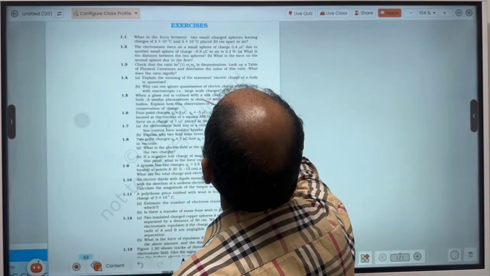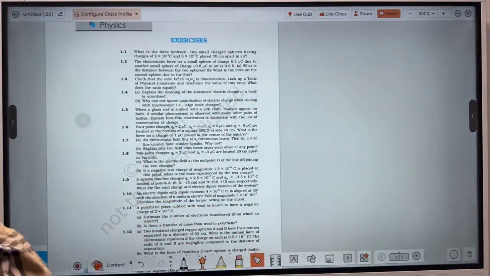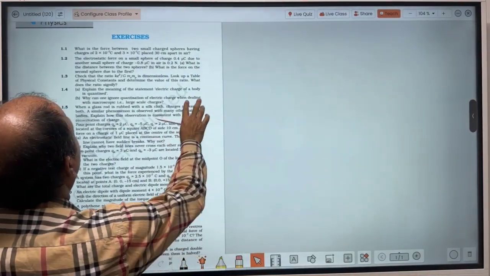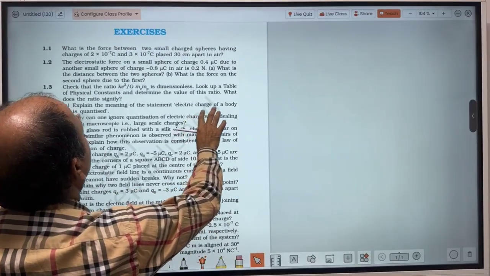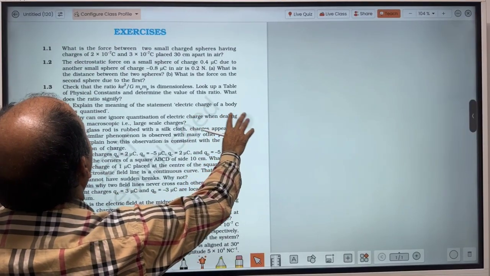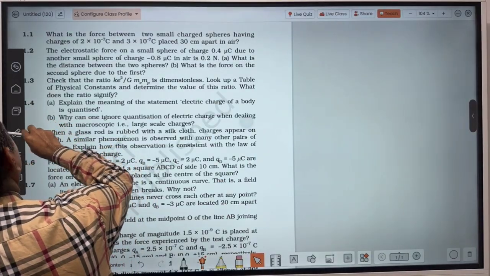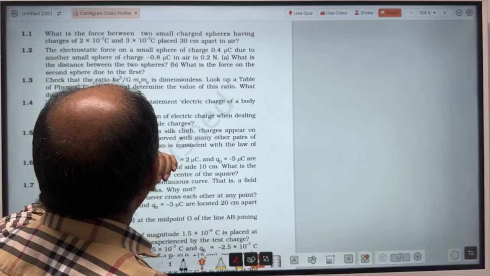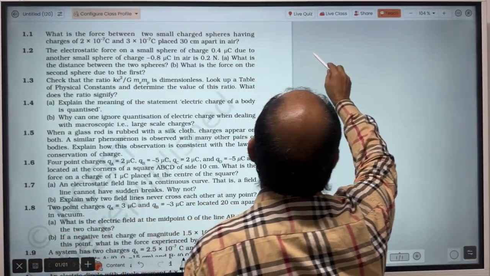Now, here there are certain questions. What is the force between two small charged spheres having charges this much, placed 30 centimeter apart?